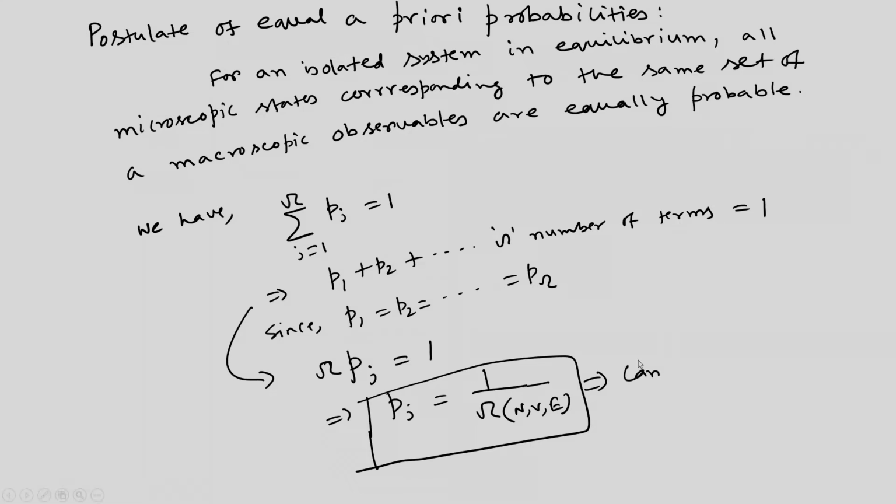So this is the microcanonical distribution function, pj is nothing but 1 by omega.